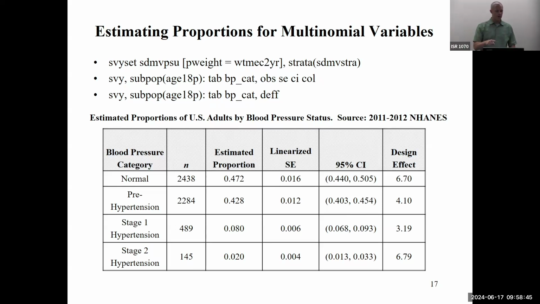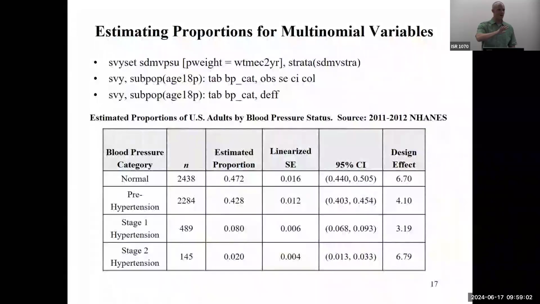What that tells us about stage 2 hypertension is that the values on that indicator variable are tightly clustered in the US. So there are pockets of people that have stage 2 hypertension all in a particular area. It's not widely distributed across the US. It's highly clustered. That's why the design effect is so much larger for that variable, even though the sample size is smaller for that particular outcome.